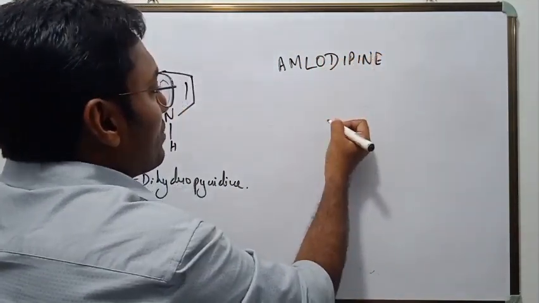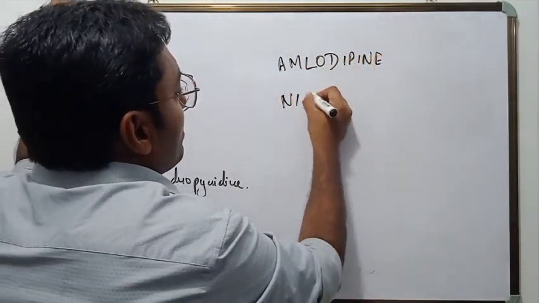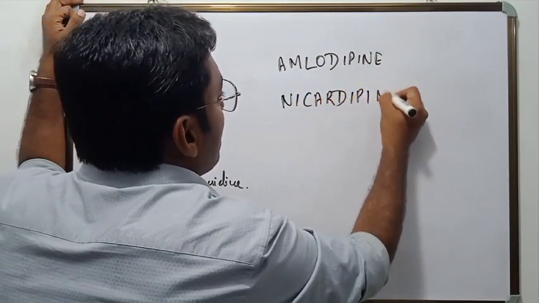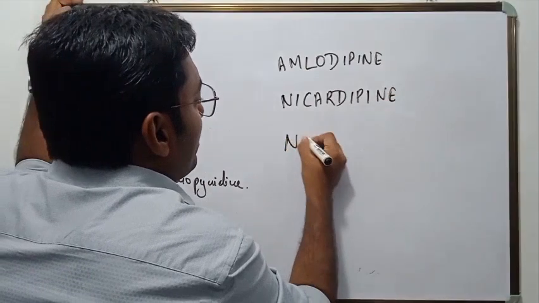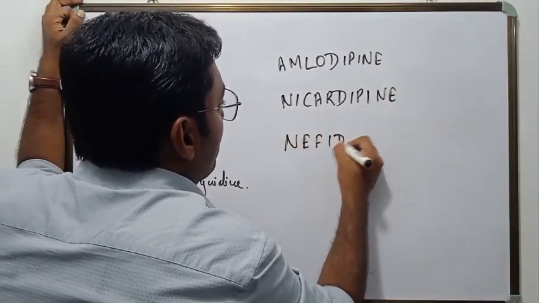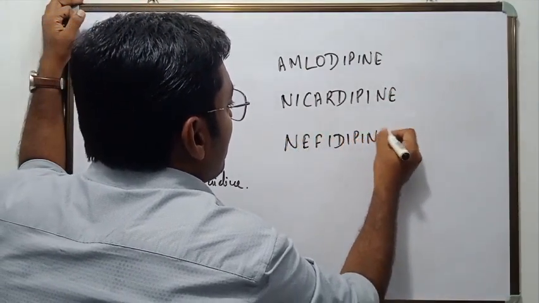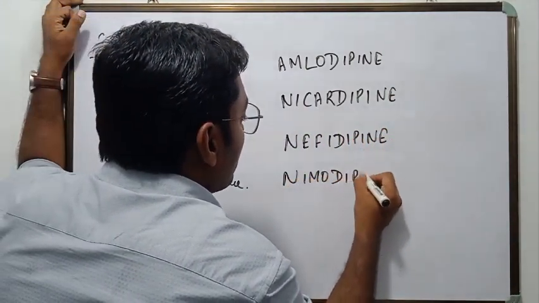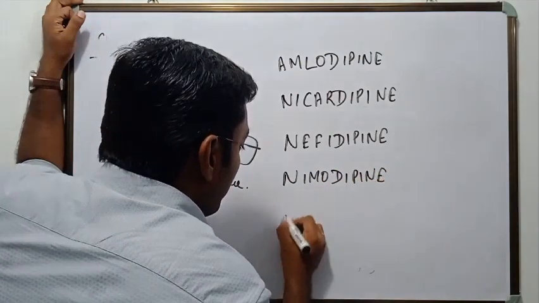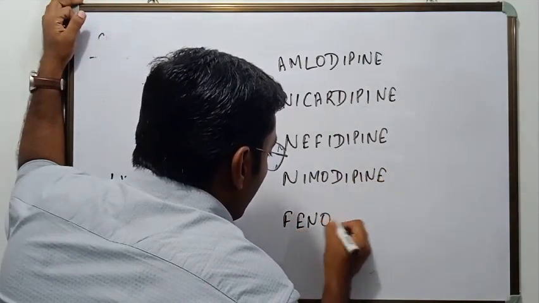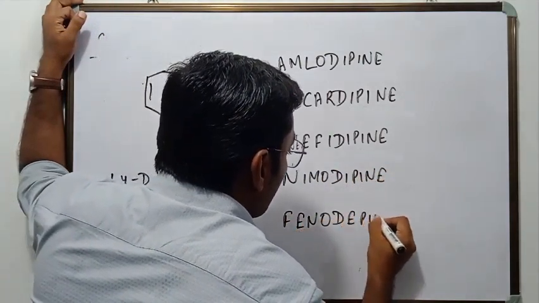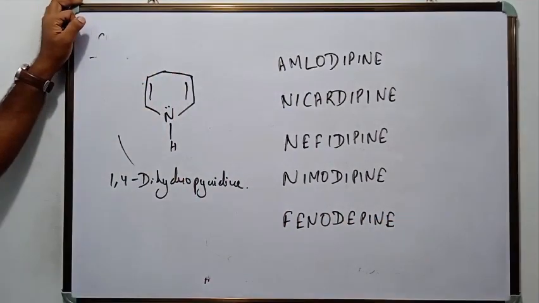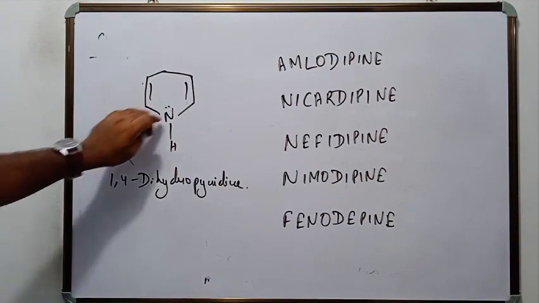Nicardipine, nifedipine, nimodipine, felodipine. If you look at the structure of all these drugs, you will find this structure as the basic moiety in all of them.